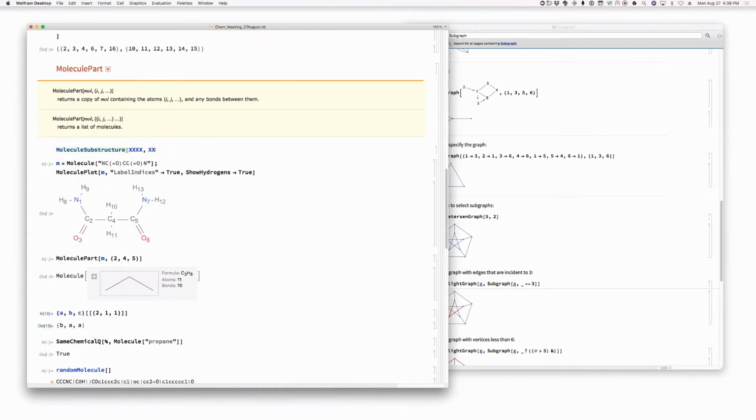The name molecule substructure makes me think that it's not just a function that acts on a molecule and returns a molecule. To me, molecule substructure could also define the patterns. Right, of a noun rather than a verb.